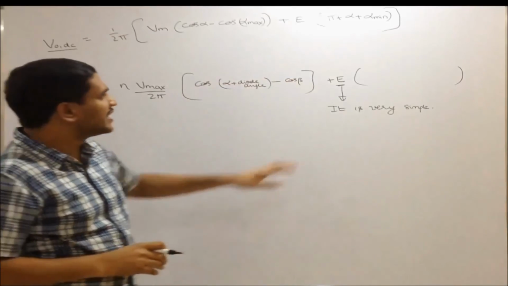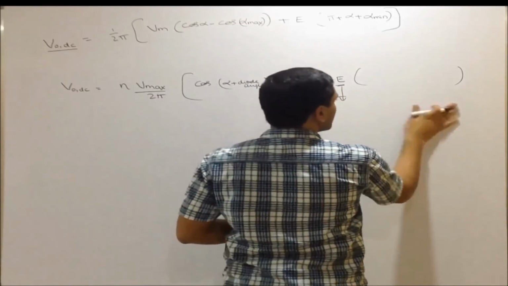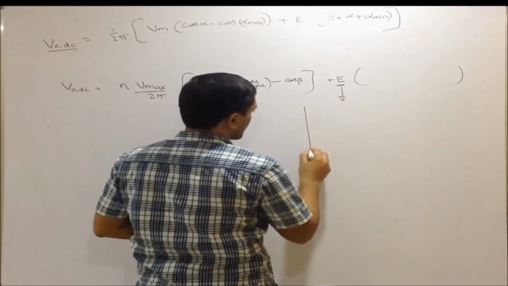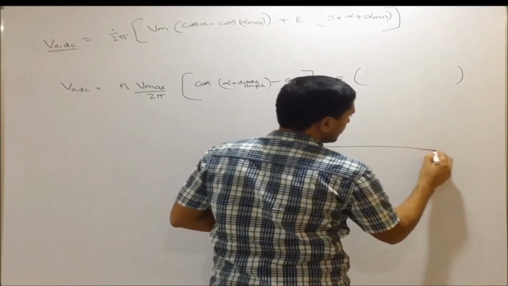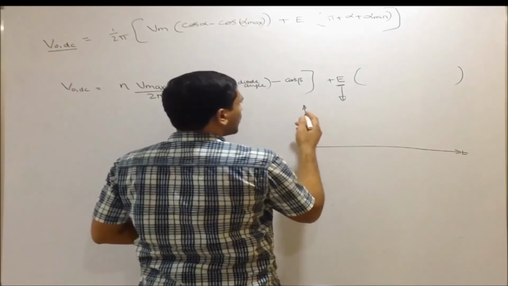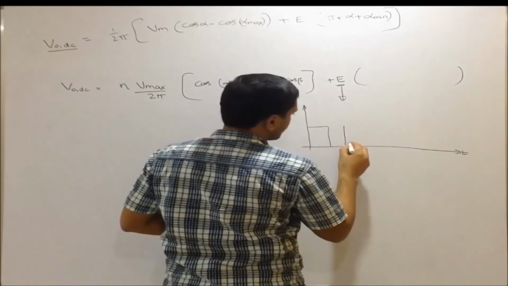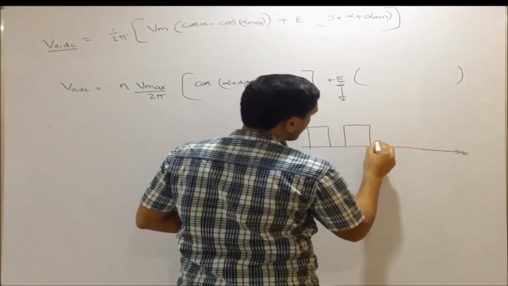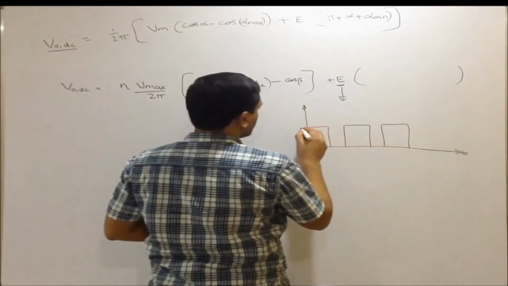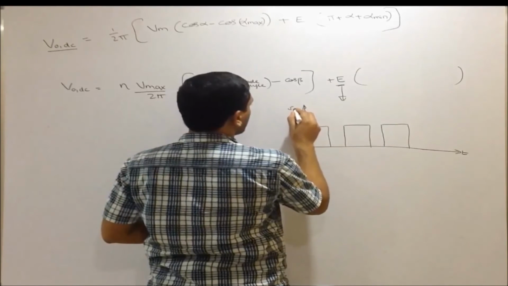But here it is a constant value. Let us suppose that this is my output; this is E, and this is my output V01.